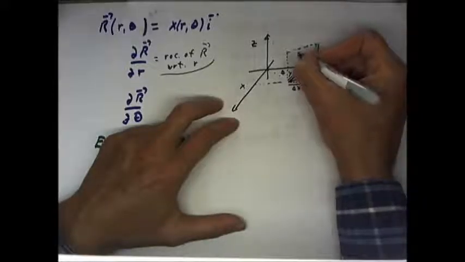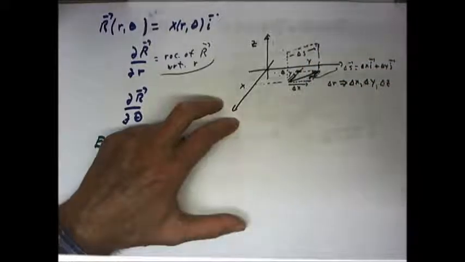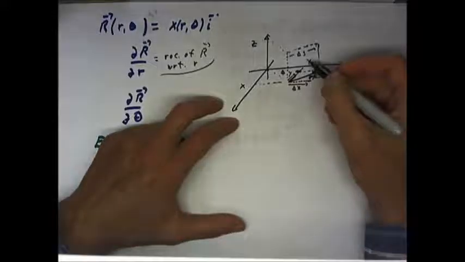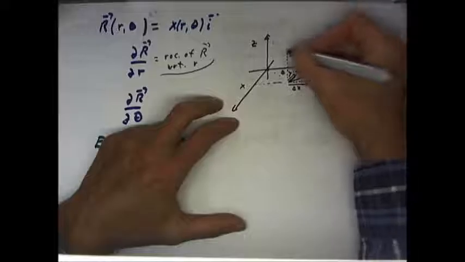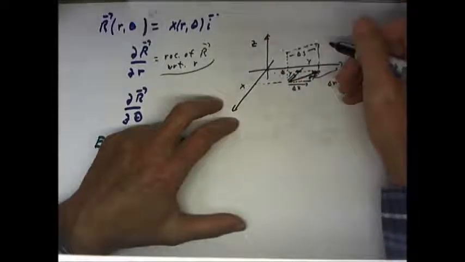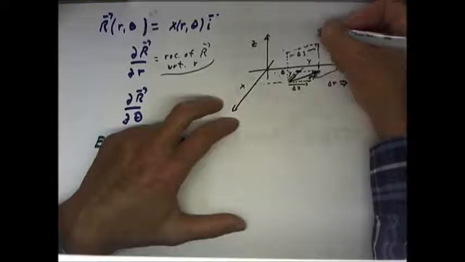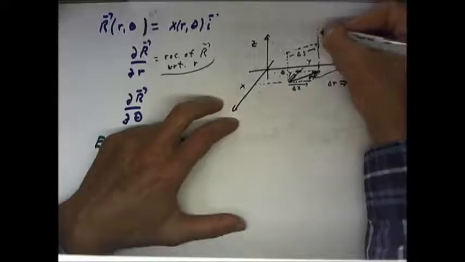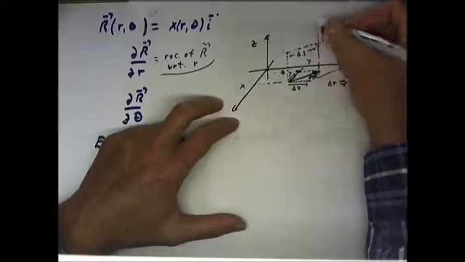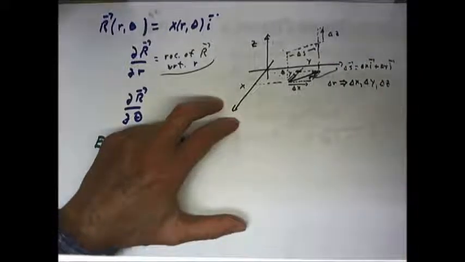So we have a delta S up here in this direction, congruent with the delta S down here. Our delta z, well, here's our original value of z, and our delta z is simply going to increase our z value, so we have a delta z here. Now that delta z is the delta z that results from our change delta r in the value of r.